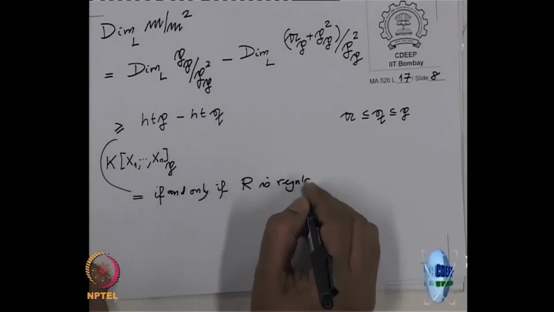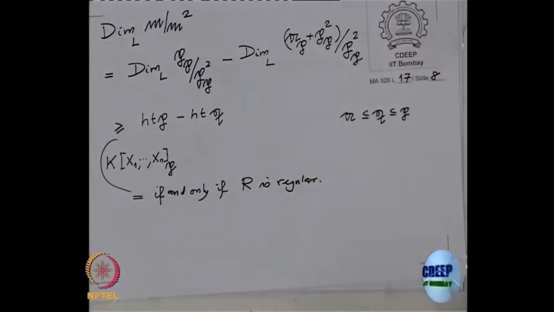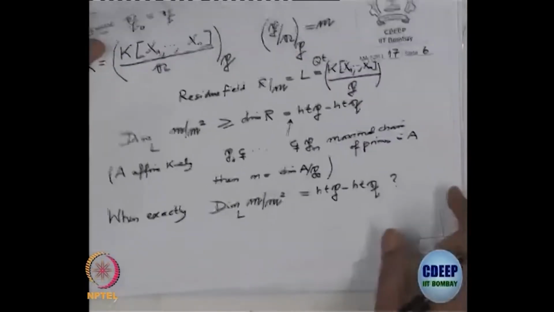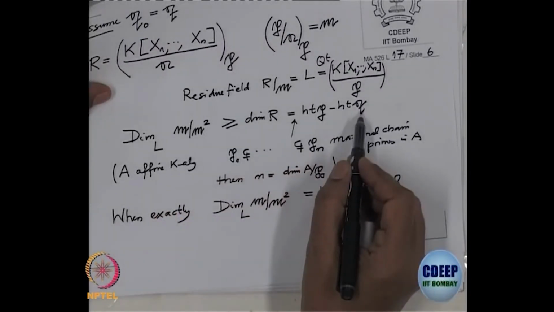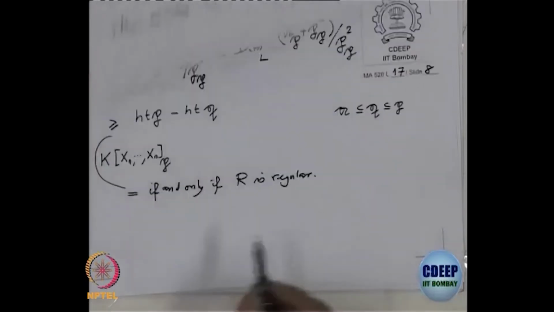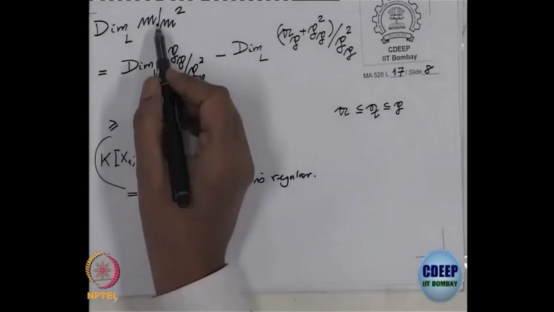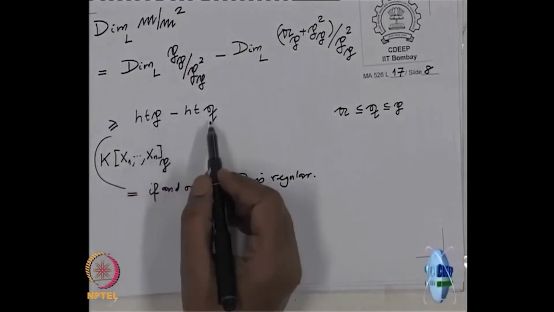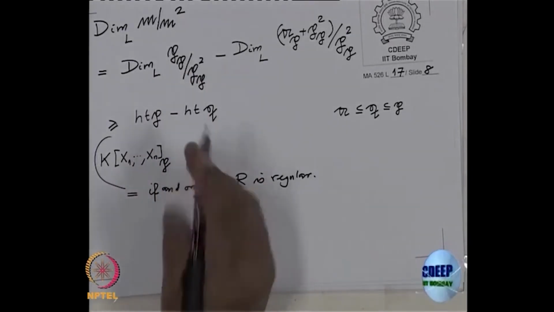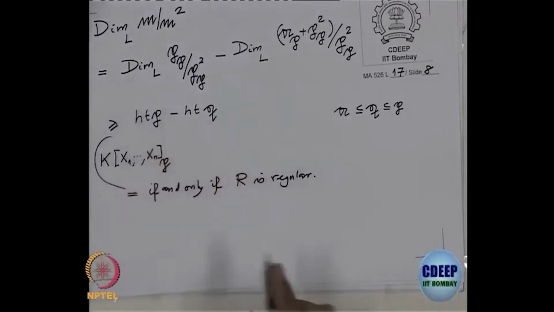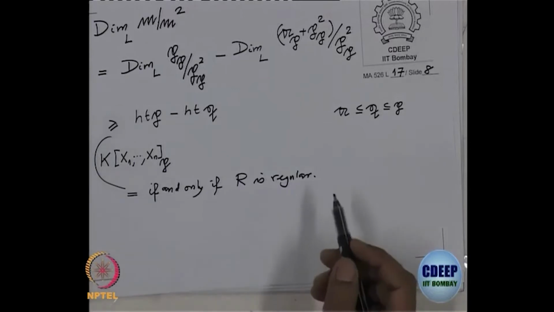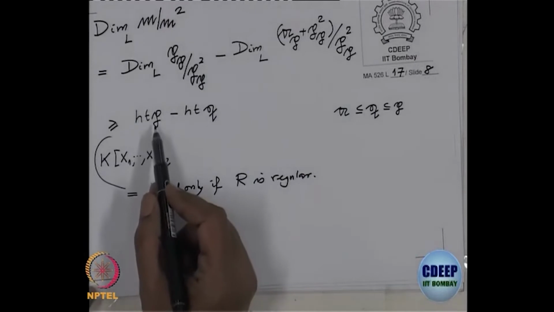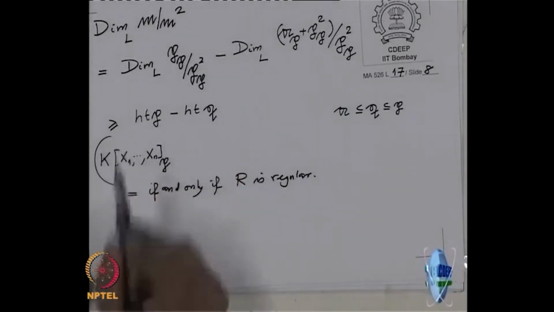That is because we have noted here that the dimension of m by m square is bigger or equal to height P minus height Q. So, if equality happens here, that means the dimension of m by m square is equal to the dimension of R, and therefore, R is regular. Equality if and only if R is regular. So, we got when R is regular in terms of height P and height Q, when the equality holds here.